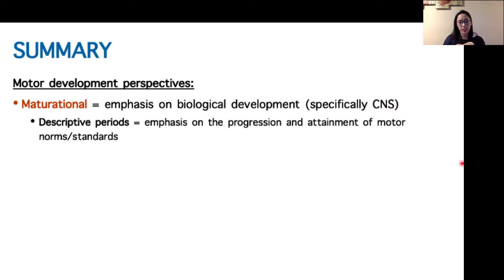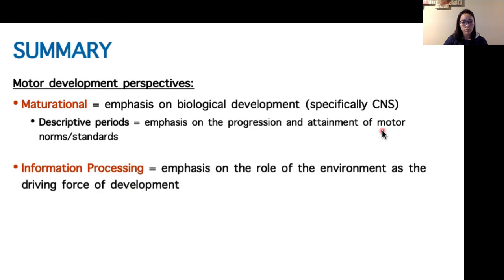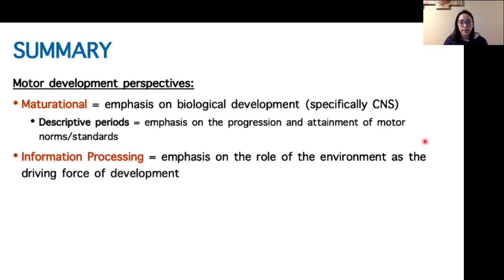The descriptive periods that emerge from the maturational perspective emphasize the attainment of new motor skills and then the evolution of those motor skills based on age-related norms or standards. The information processing perspective placed a greater emphasis on the environment as a driving force of development by providing stimuli to the individual, who then processes and creates an output to generate movements.